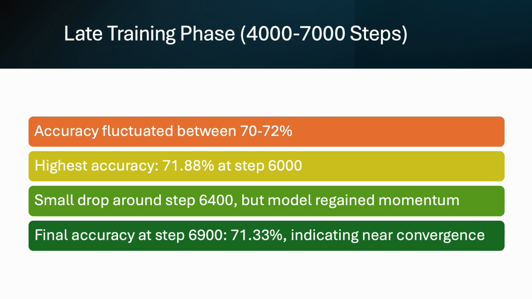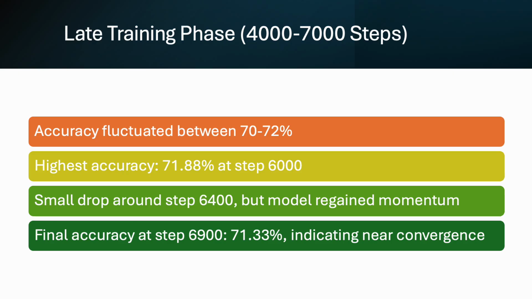Late training phase. This is for steps 4000 to 7000. From step 4000 onwards, the accuracy fluctuated between 70 and 72%. And this was minor and not too much of a concern. The highest point of accuracy was recorded at step 6000, coming in at 71.88%.